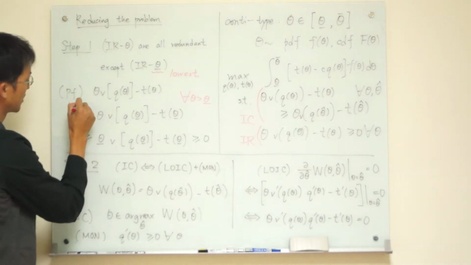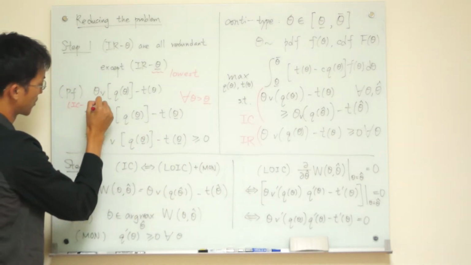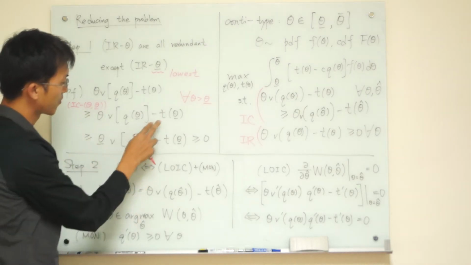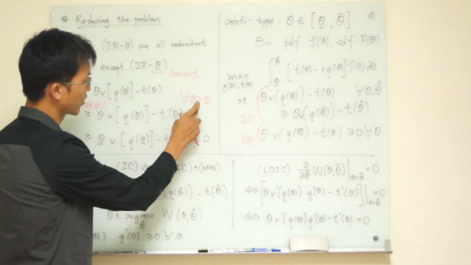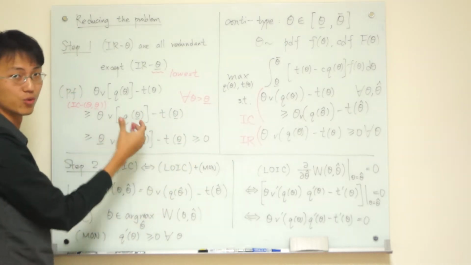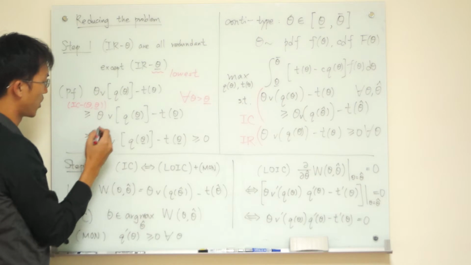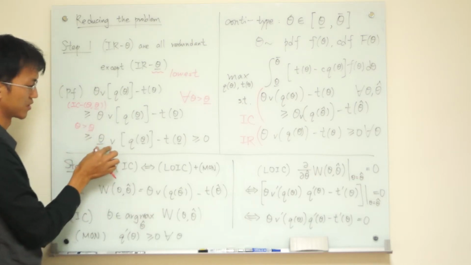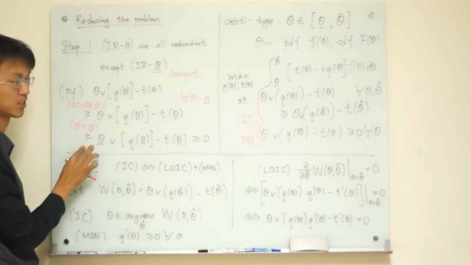From your IC constraint from theta to theta lower bar. Okay? And then from here, because theta is greater than theta lower bar, and the V function eventually will be non-negative, from theta greater than theta lower bar, you have this. You have your second inequality.